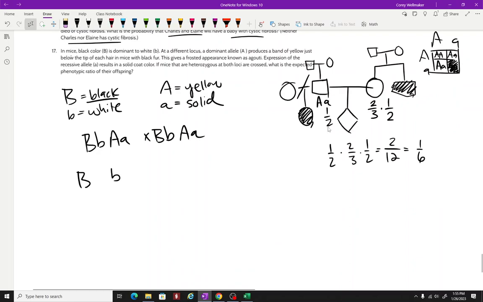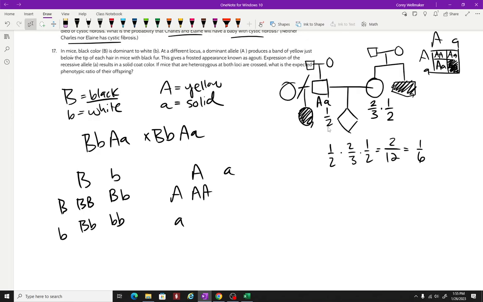Okay. So again, this is just a deviation from the 9331 cross because you have certain phenotypes showing up depending on the genotype. So let's see here. All of these are going to be agouti if the mouse has black fur, right?